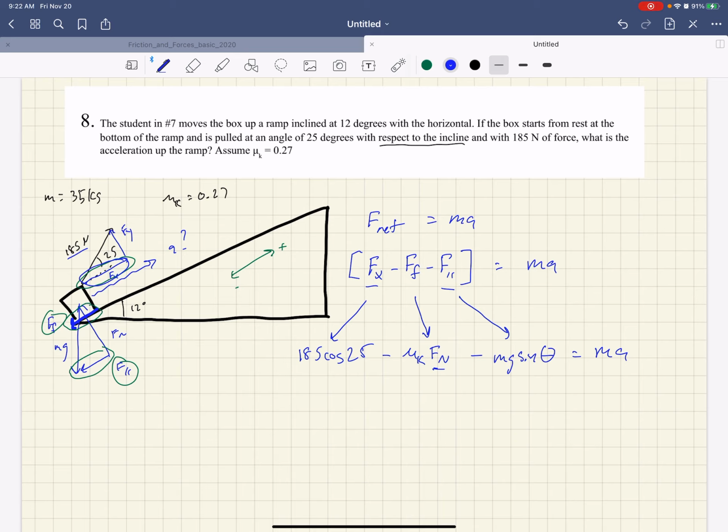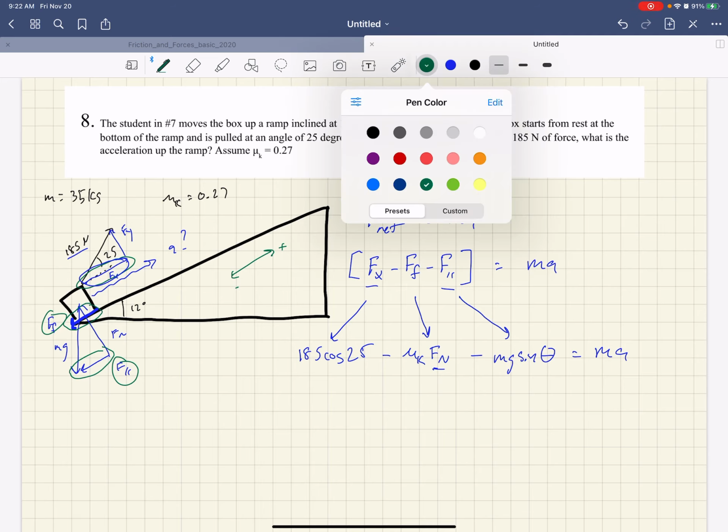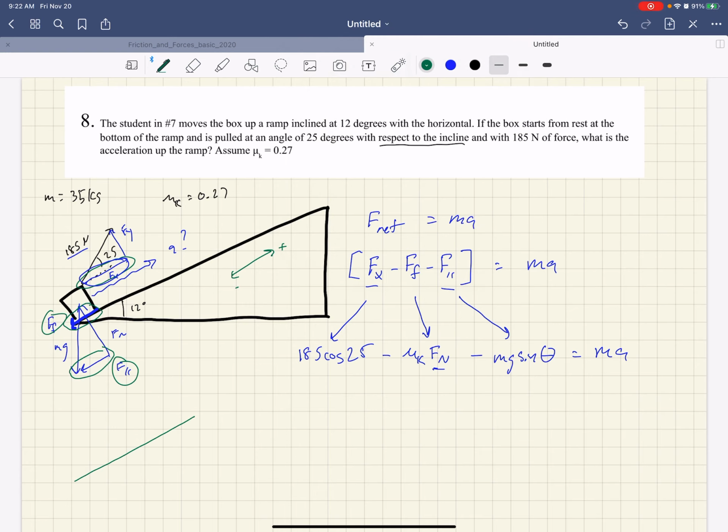Let's get down to the nitty-gritty. The normal force. I'm going to zoom in a little bit on what's happening here. So here's the ramp, and here's the box. The normal force is this force right here, and that has to support part of the weight.